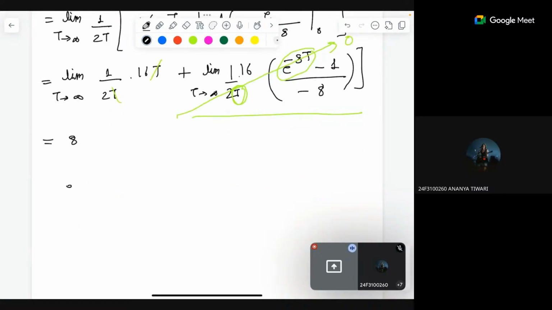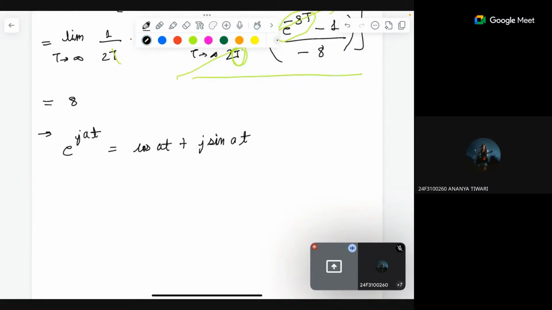Okay, Ananya, I want you to pay attention to this. When we talk about e raised to the power of j80, it will be cos 80 plus j sin 80. Now we want to calculate the magnitude. So what will we do? Real part squared plus imaginary part squared, under root. This is how we find the magnitude of a complex number, right?